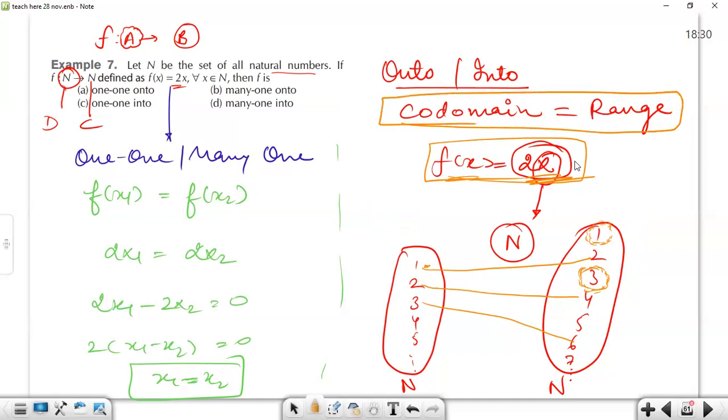Is it the case? The codomain is the set of natural numbers, and the range is the elements which are getting mapped in the codomain. So are all the elements in the codomain getting mapped?